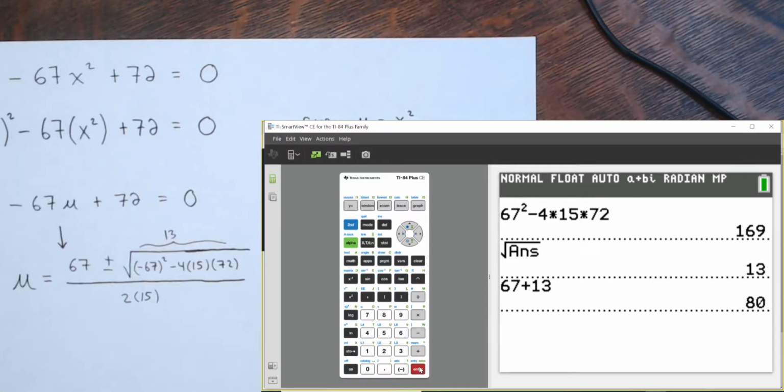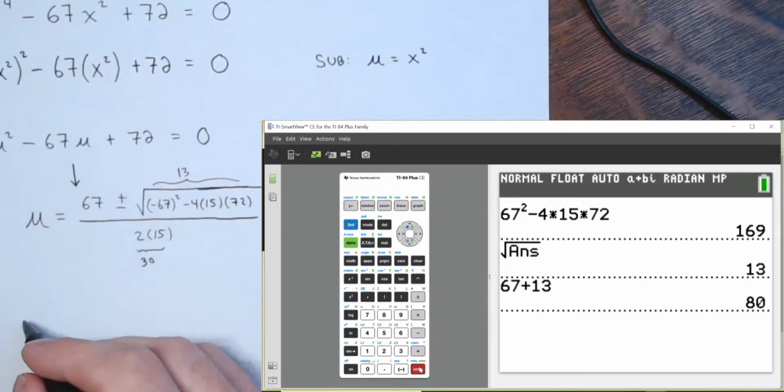So the denominator is 30. I have 80 thirtieths, or 8 thirds. So one solution is u equals 8 thirds.